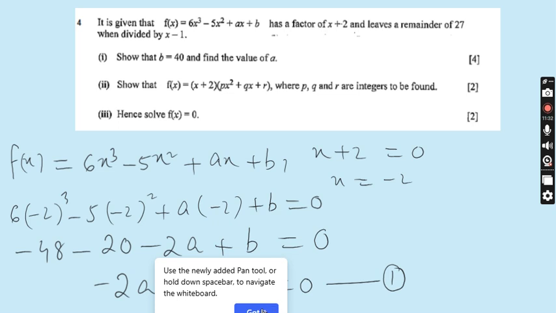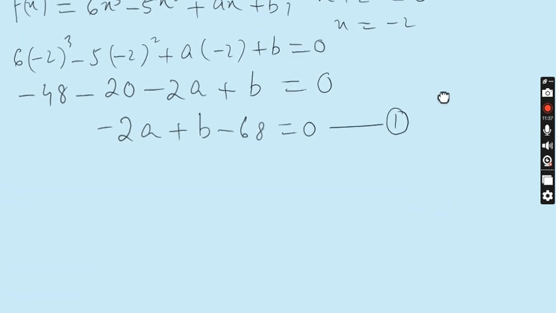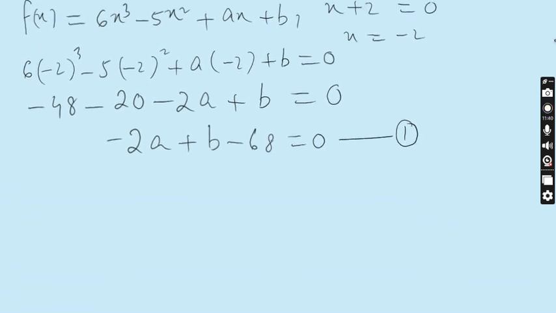Now see the second line, and leaves a remainder of 27 when divided by x minus 1. So when divided by x minus 1, it means x minus 1 is equal to 0, x is equal to 1.